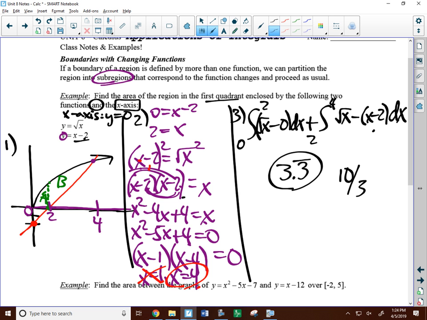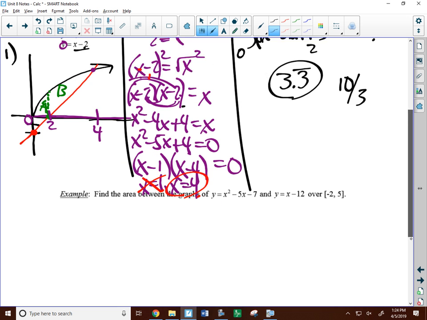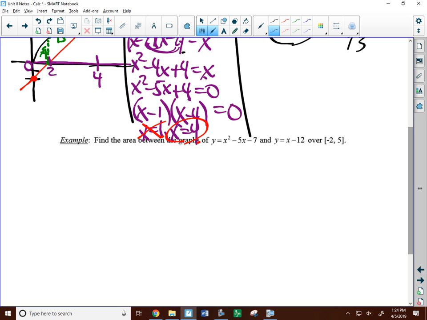I'm going to do one more similar to this, a slight variation, but you can see we'll still have to find the intersection and so on. But thoughts before I do the last one? Okay. Well, one more. 2 functions. Find the area between these graphs, between these curves. Both continuous functions. Here's a closed interval. Now, what you might think is, oh, it's just going to be negative 2 to 5, top minus bottom.